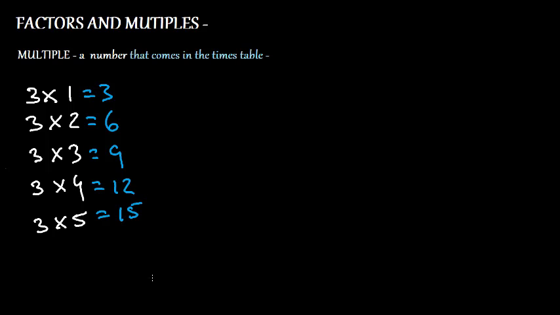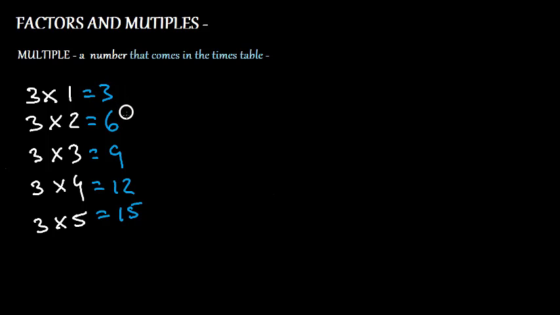So these numbers that I've written in blue, these are the multiples of 3, because we're using the 3 times table. And these are the answers of the multiplications. If you look at the multiples, you see that it's kind of going in a pattern. You're counting by 3.